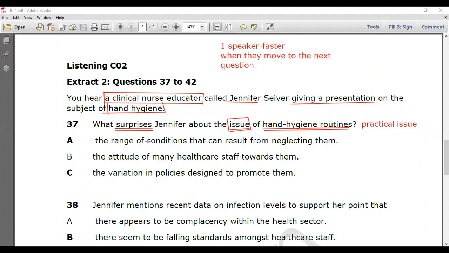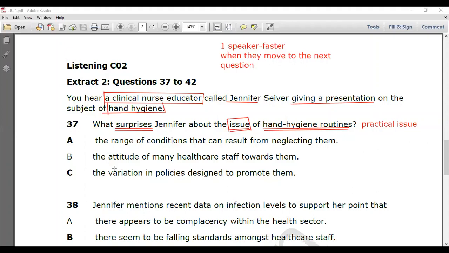Remember here also, when you have to identify someone's opinion or attitude, you should be able to differentiate between fact and opinion. So she may give out factual information about hand hygiene, but your focus is not the factual information. Your focus is which area surprises her or what issue about hand hygiene surprises her. So that's your focus.